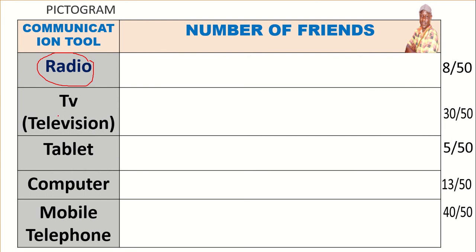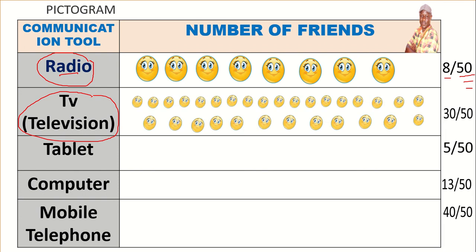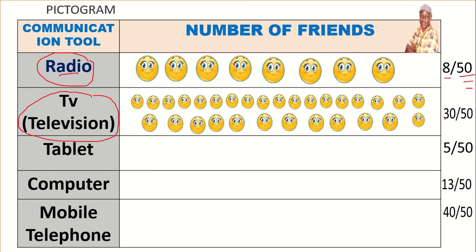It was 15 students written on page 11 in your ICT book, but I did my own with 50 students. And I came to realize that only 8 were interested in listening to the radio. And for television, there were a lot. How many? 30 students.